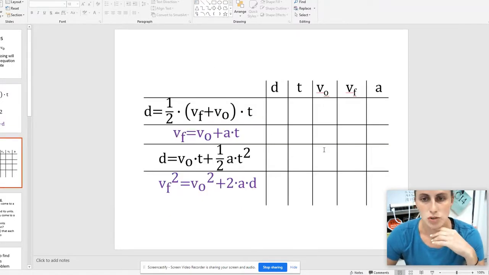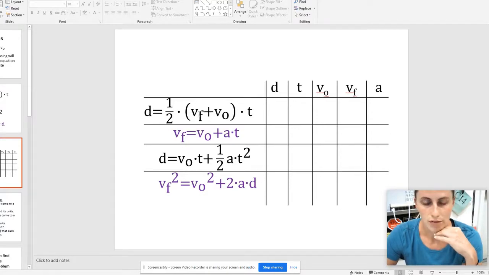What I'd like you to do is pause the video and write this down in your notebook. Once you've done that, you are going to put a check mark underneath the letter if the equation has that letter. So for example, we have a D here, so we put a check mark right here.